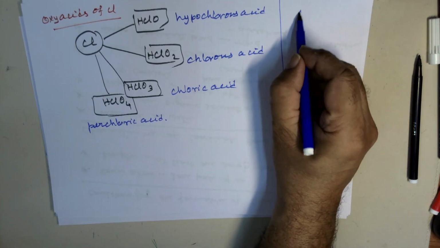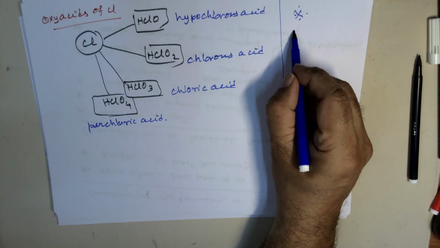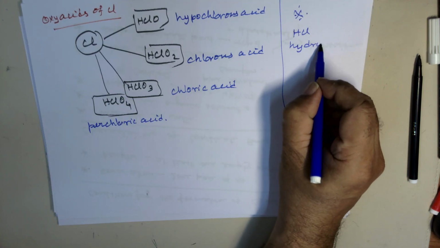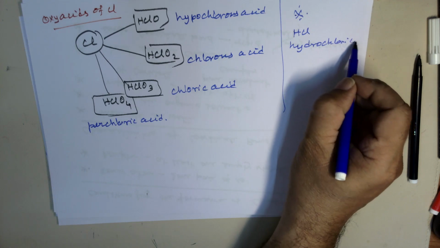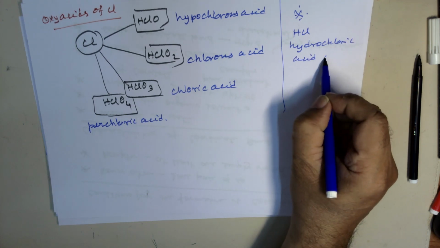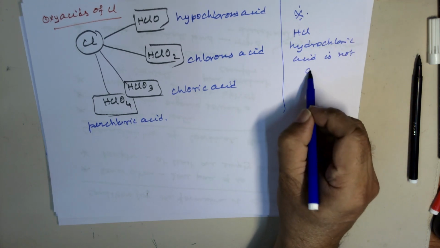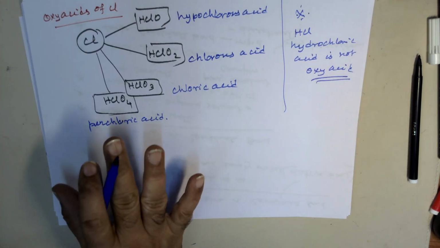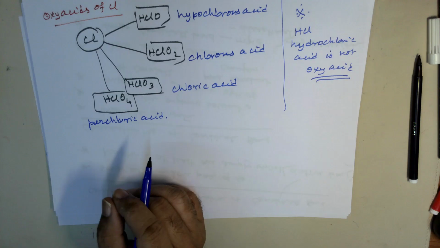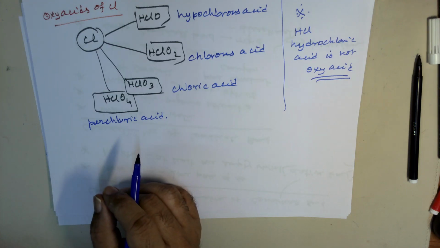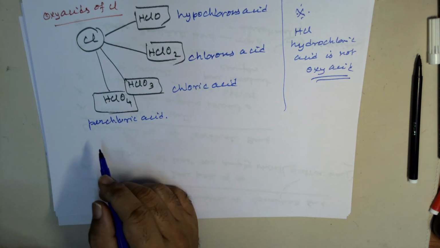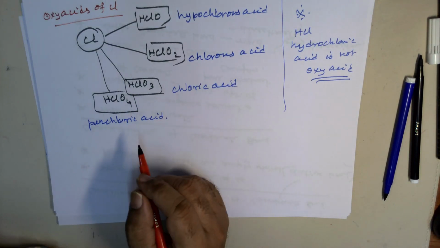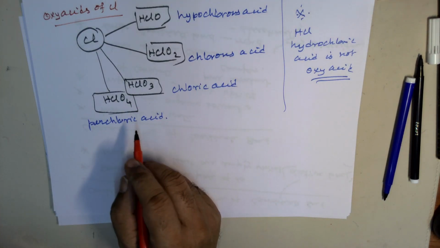Note down, HCl, that is hydrochloric acid, is not an oxy acid. Is it not? Because there is no oxygen. So you do not get confused with it. So all these acids contain one OH attached to the central atom.